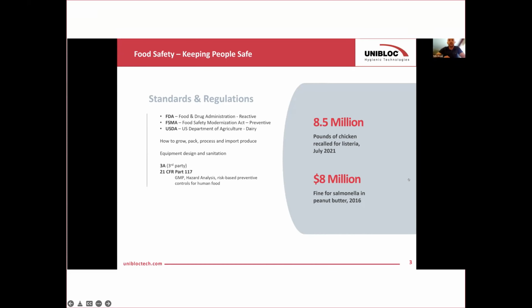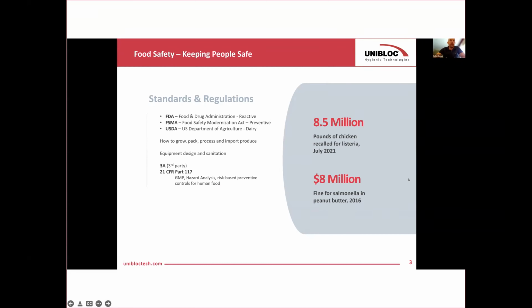And that is considered more of a preventive regulation. It was put into law in 2011, and the word out there is that it's the most sweeping reform of US food safety laws in 70 years. So that is something to keep in mind.